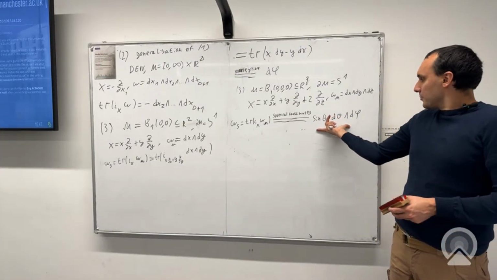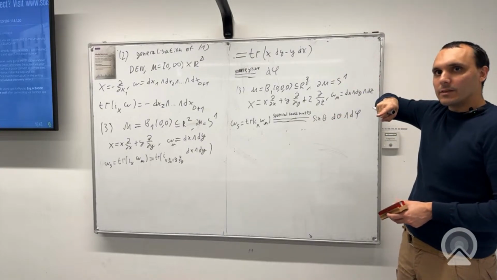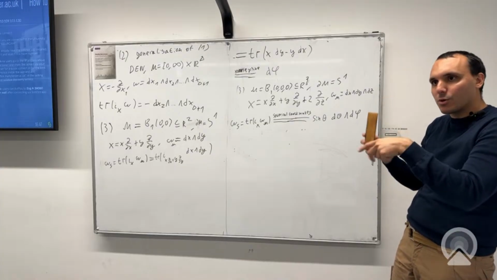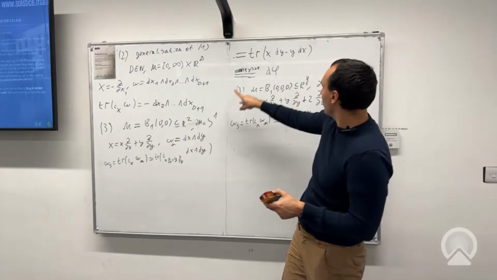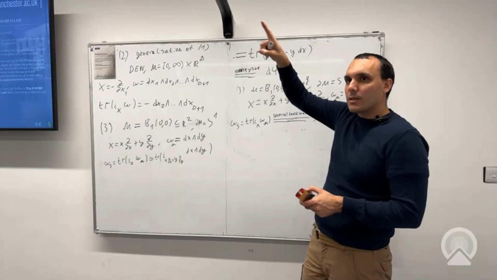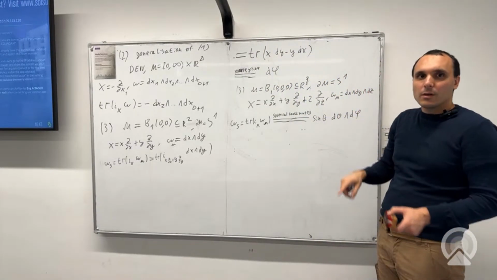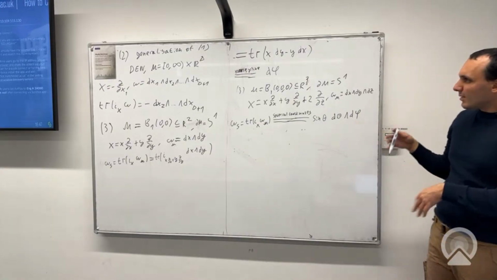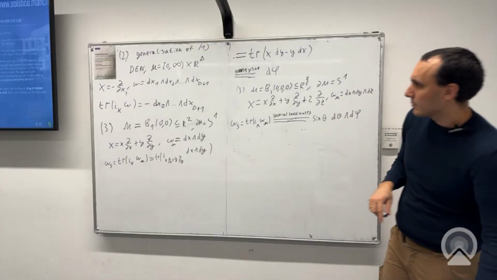This formula is true for all points except the Greenwich meridian, and you have to use many charts and glue them, so it's not a global formula. This is also not a global formula here, because the circle doesn't have a single coordinate system. But in most standard coordinates, it looks like that.